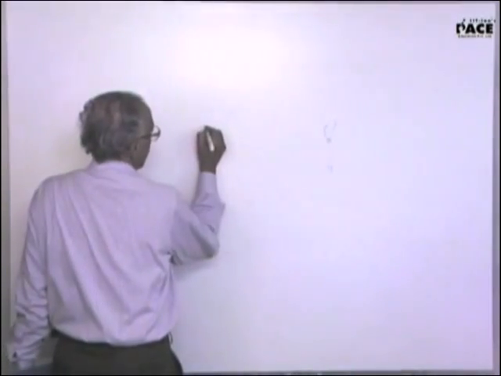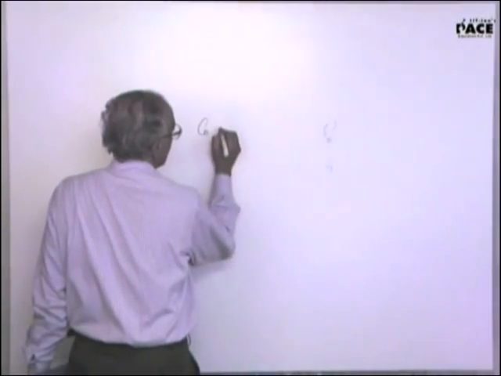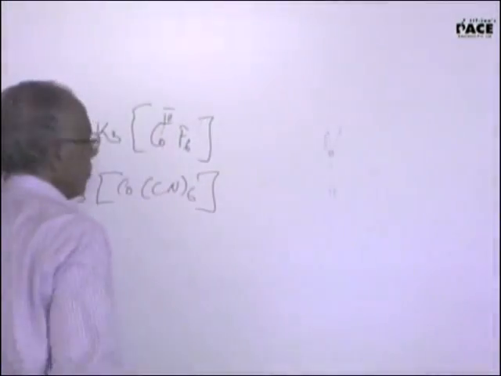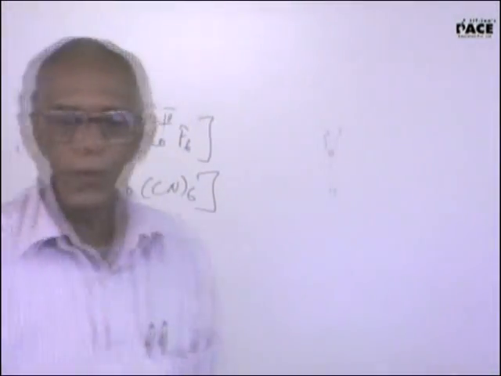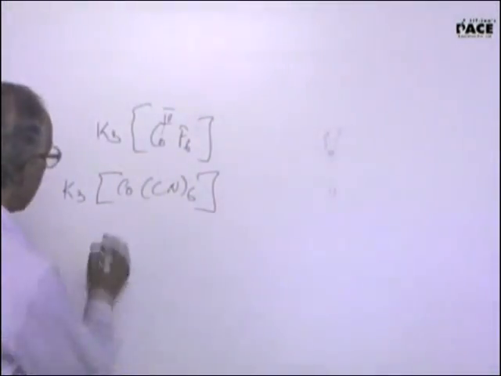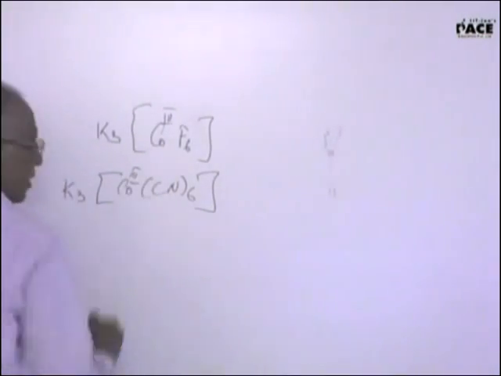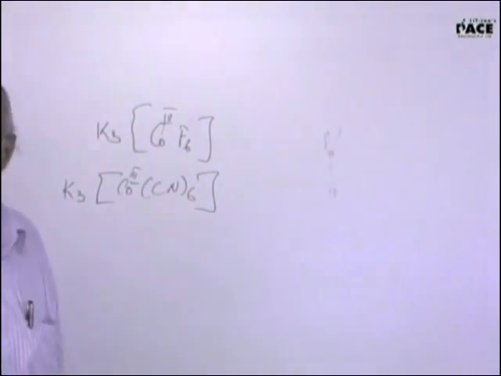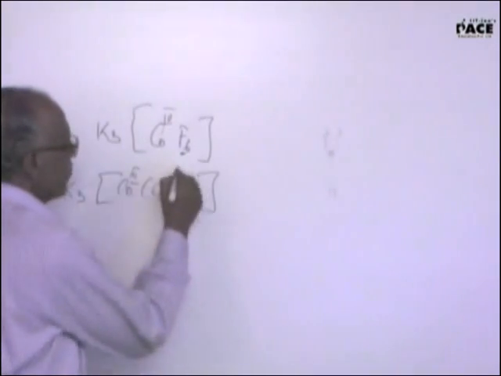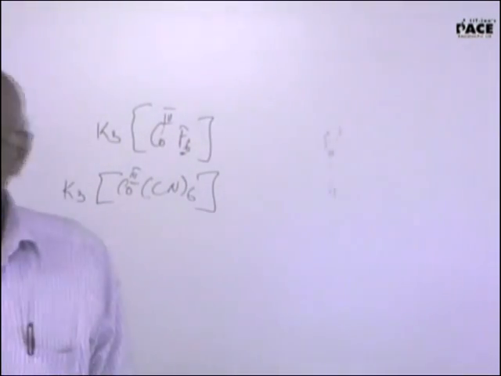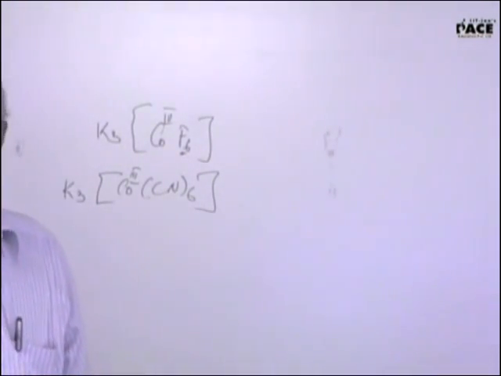So if I give you an example, say cobalt. These are two complexes with the same metal, same oxidation state of the metal, cobalt. In one case, fluoride as a ligand. In another case, cyanide as a ligand.